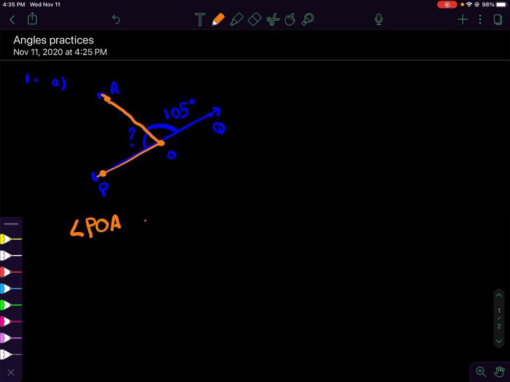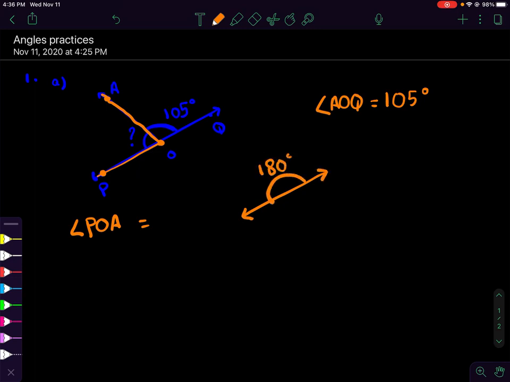POA. We know the angle AOQ is 105 degrees. And another thing we know, all the angles in a line, when we add them all together, is 180 degrees.